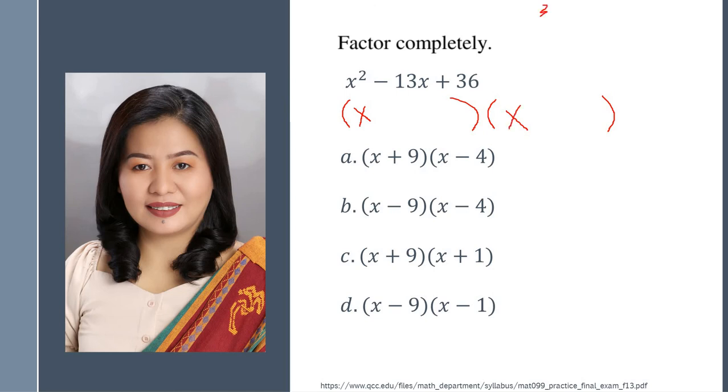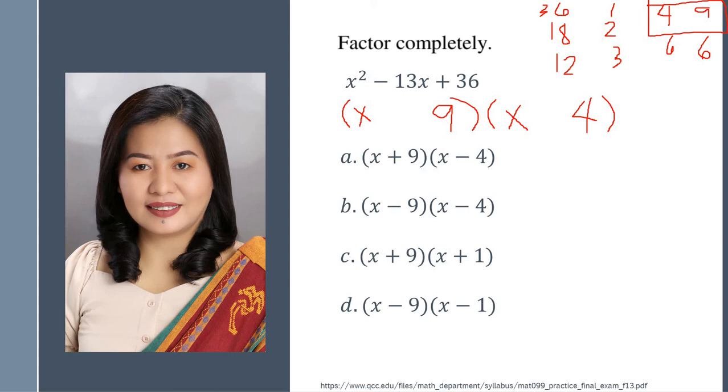So factors of 36, that's 36 and 1, 2 and 18, 3 and 12, 4 and 9, 6 and 6. So among the 5 factor pairs, we have only 4 and 9, which will give you a sum of 13. So we have 9 and 4.